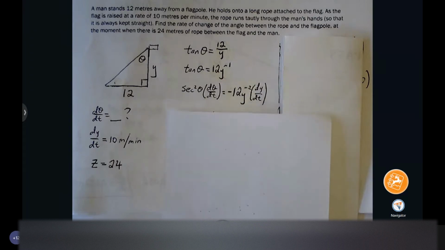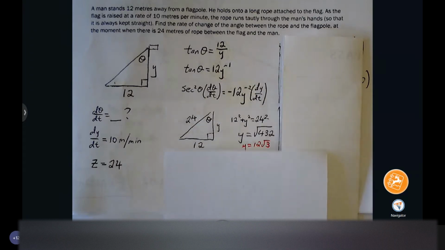Okay, here's our derivative. Find the missing side. Find secant theta.